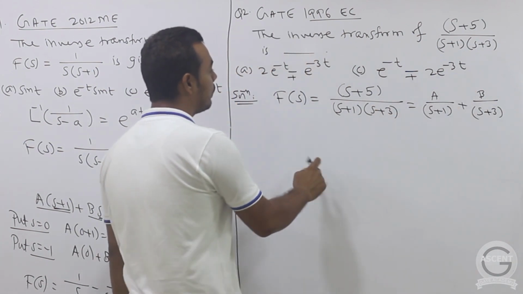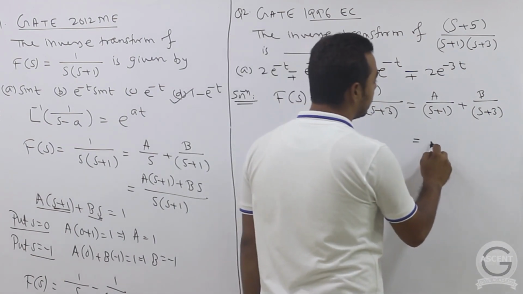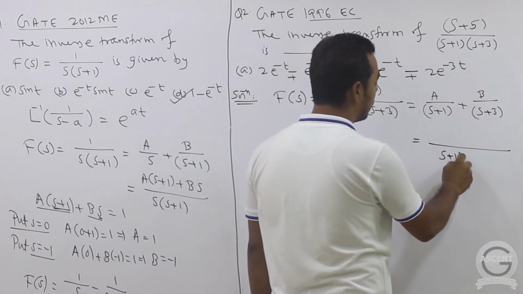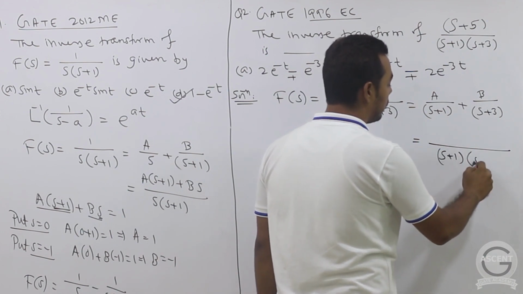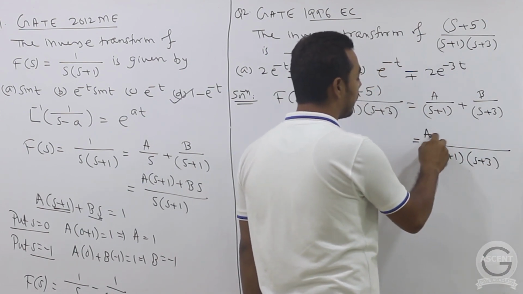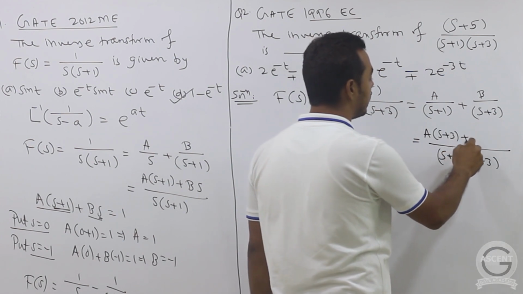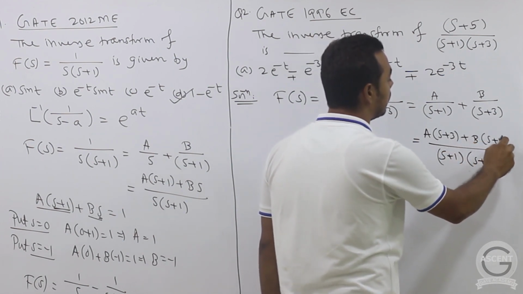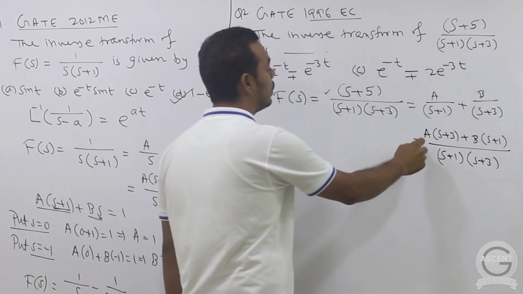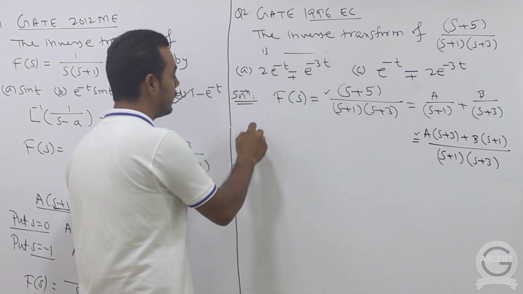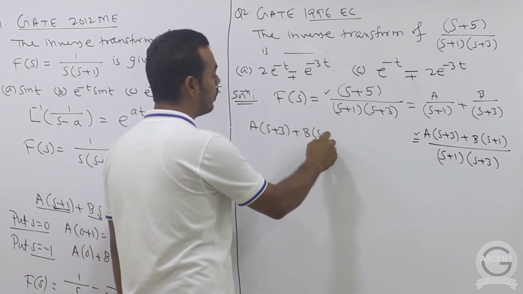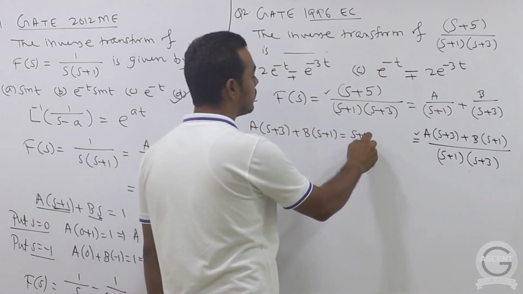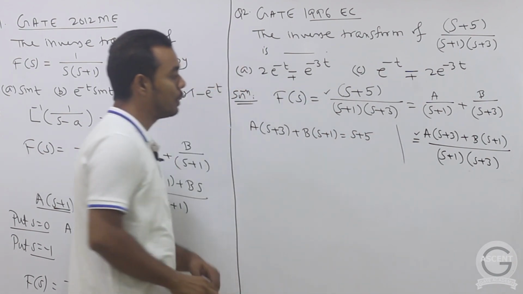So now here if you take LCM, it will be (s plus 1) into (s plus 3), and we'll get a into (s plus 3) plus b into (s plus 1). Now if you equate the numerator of these two, the relation that you will get is a into (s plus 3) plus b into (s plus 1) equals s plus 5. Okay.